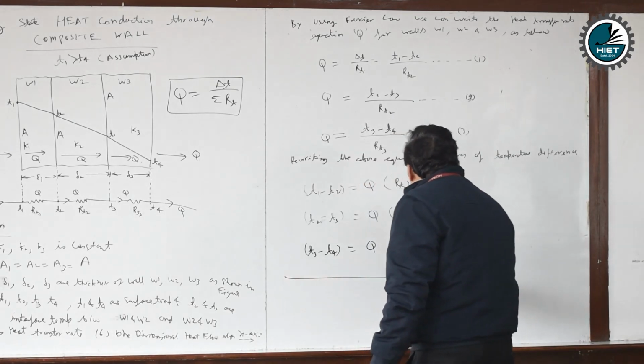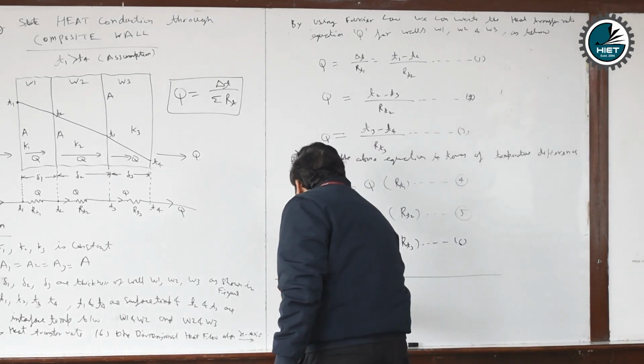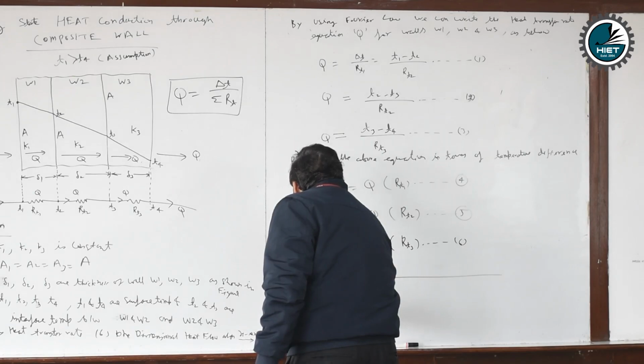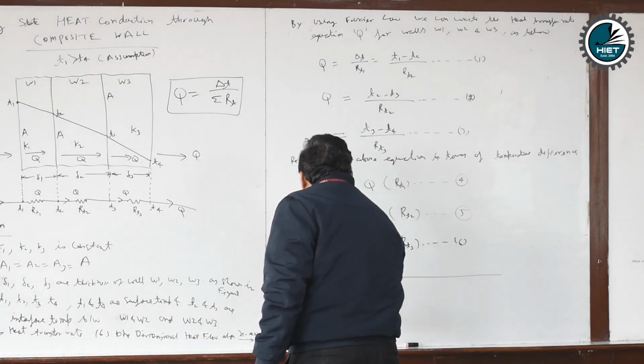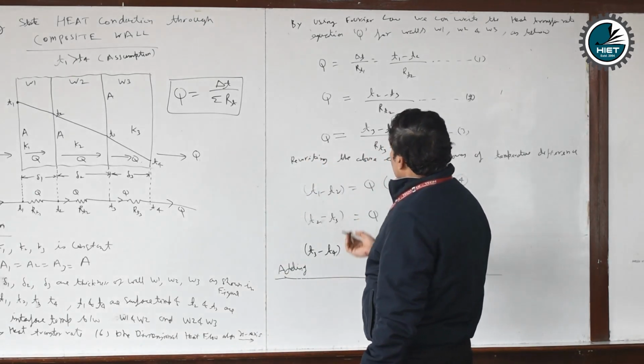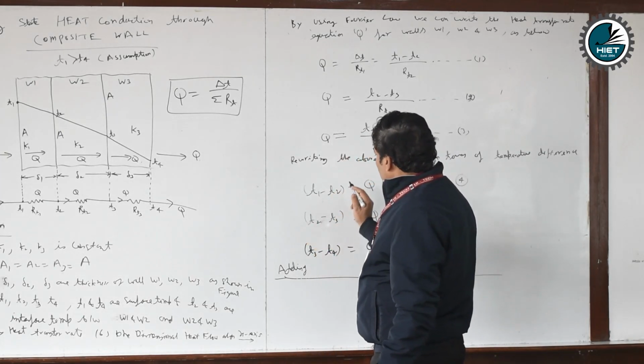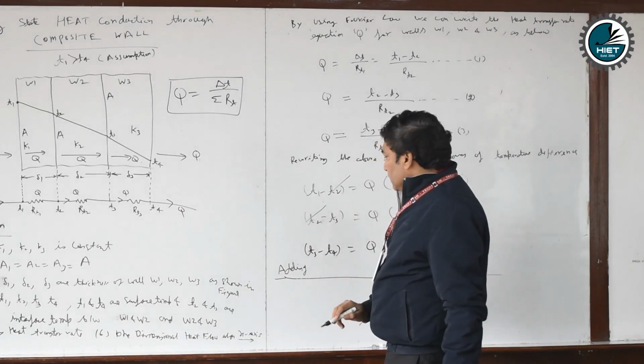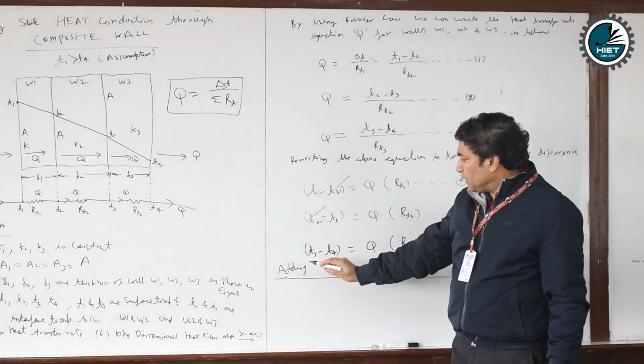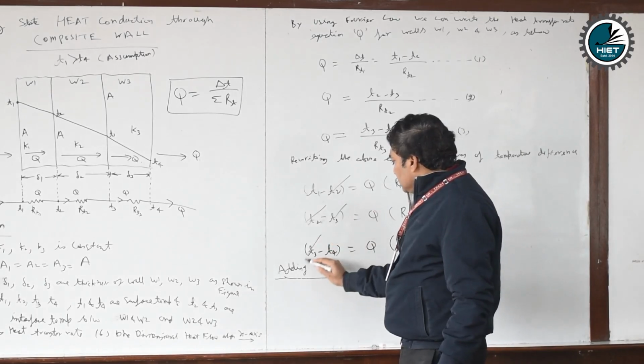So when we add all these equations, you can see this is minus T2 and this is plus T2, so this term is cancelled out. This is minus T3 and this is plus T3, so T3 also cancels out.